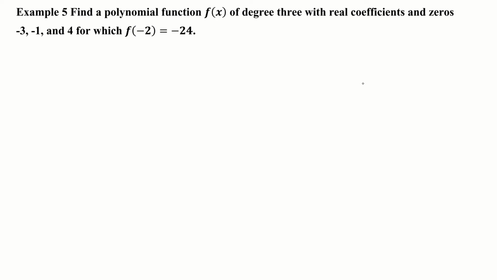We can just go f of x equals quantity x minus the first zero, so x minus -3, which becomes x plus 3. Let me leave some space here. I'm going to need it. So x plus 3, and then x minus the second zero, so x minus -1, which becomes x plus 1, times x minus the third zero, which becomes x minus 4.